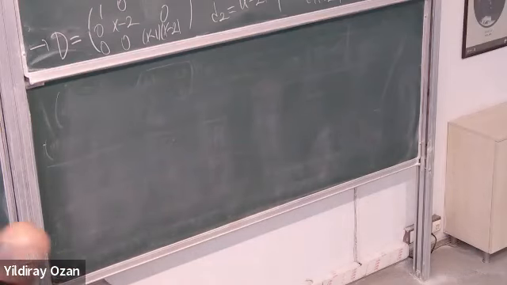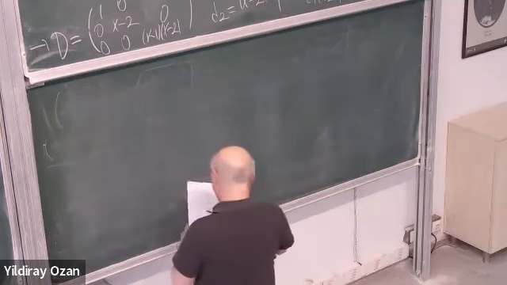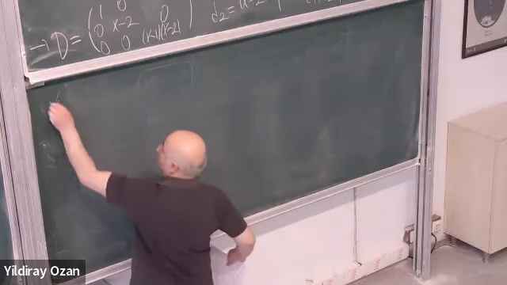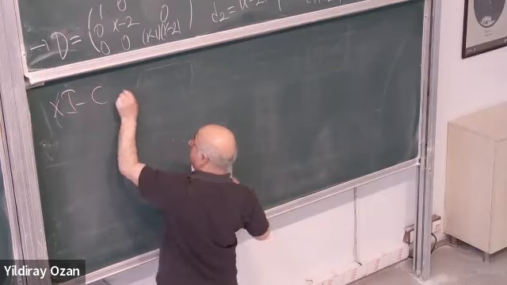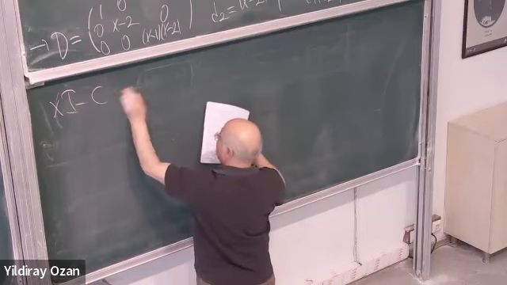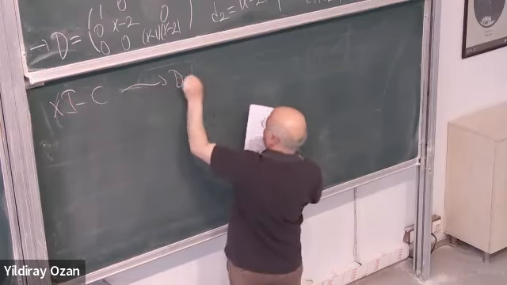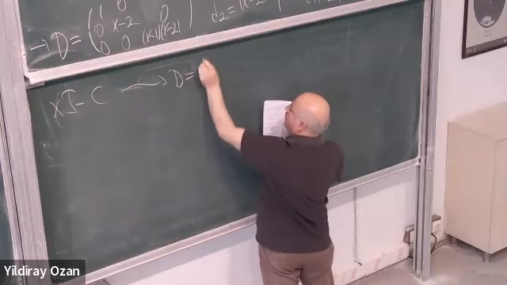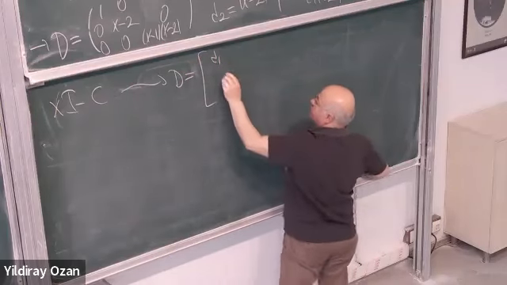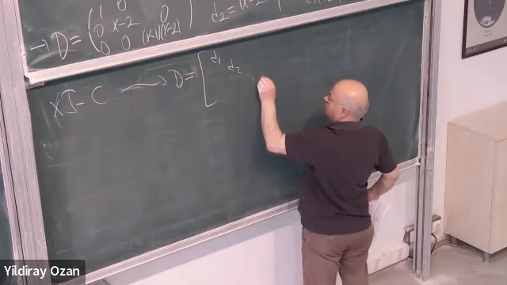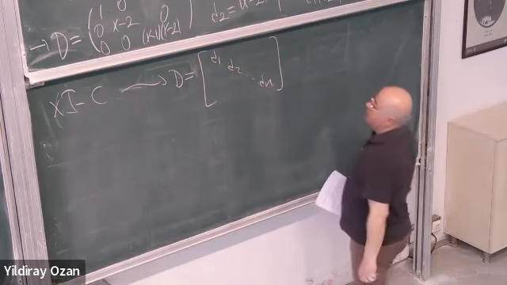Peki, sonra ne yapacağız? Şimdi simit normal formu, so x minus identity minus c is converted to our simit normal form. D1, D2, D1. Okay?